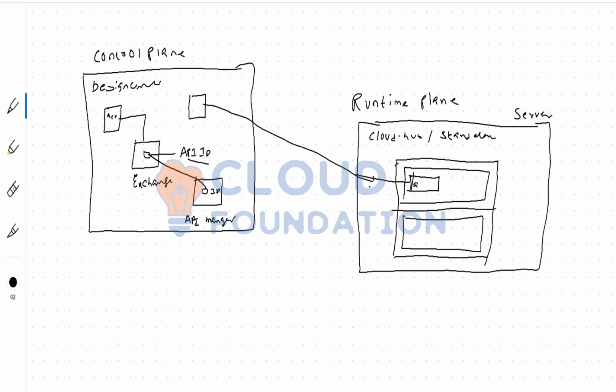The agent is the component that talks to your control plane. When you want to deploy or undeploy, you just send it to the agent, and the agent will take care of that. So we have the agent, and we have the actual core functional code in the application.